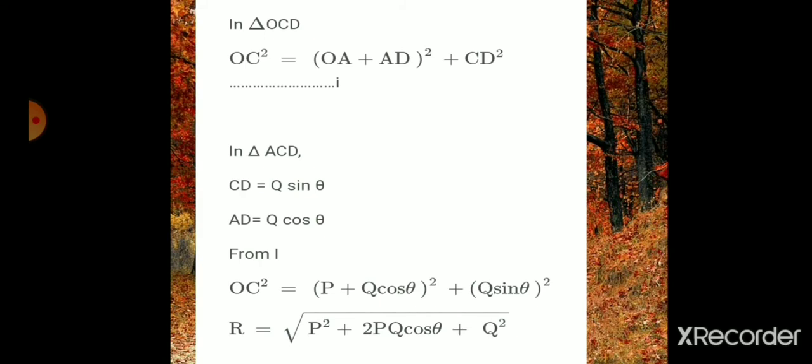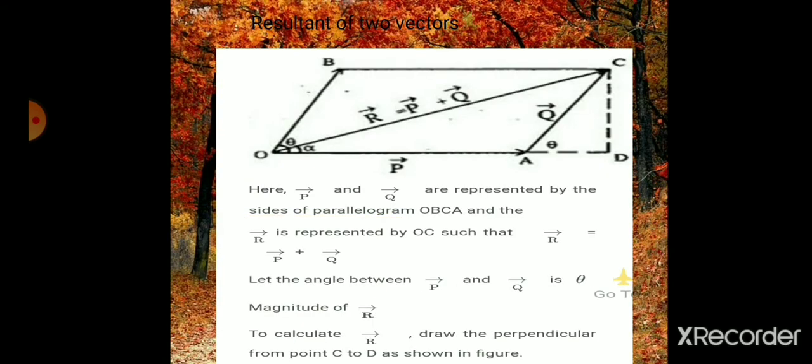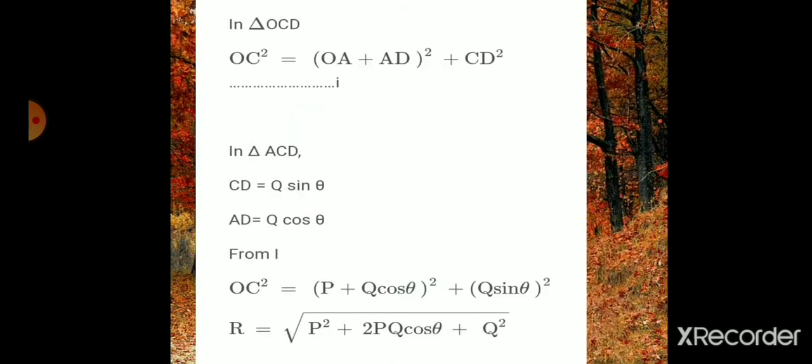From the triangle ACD, sin theta is equivalent to CD by Q and cos theta is equivalent to AD by Q. So CD is equivalent to Q sin theta and AD is equivalent to Q cos theta.